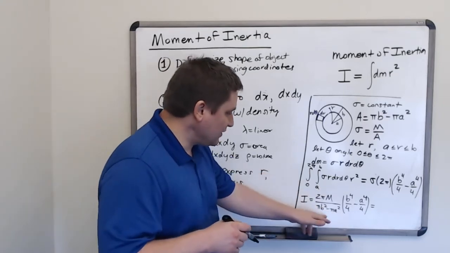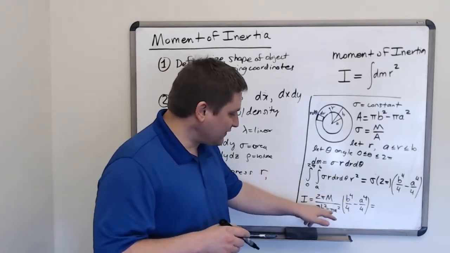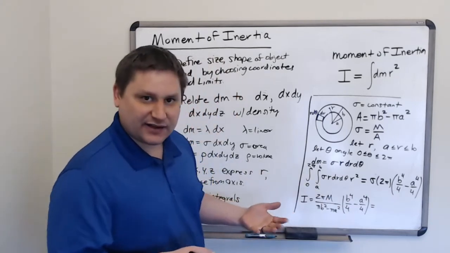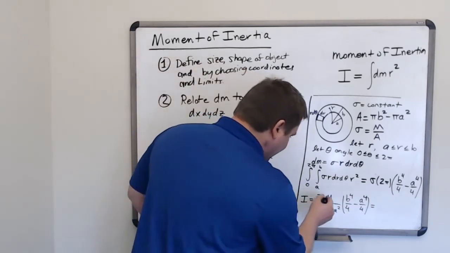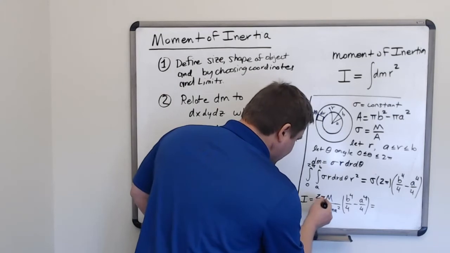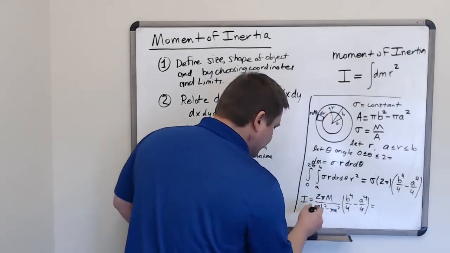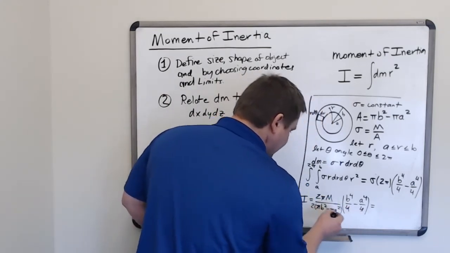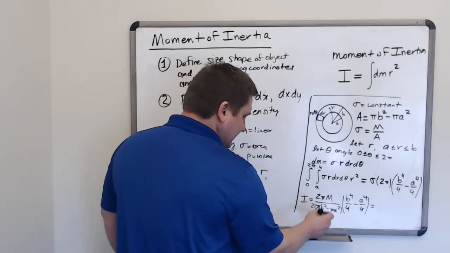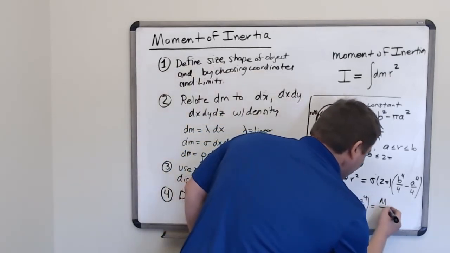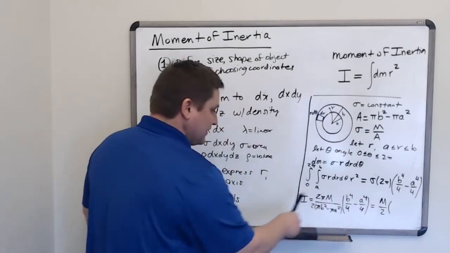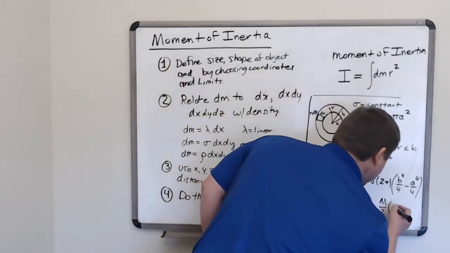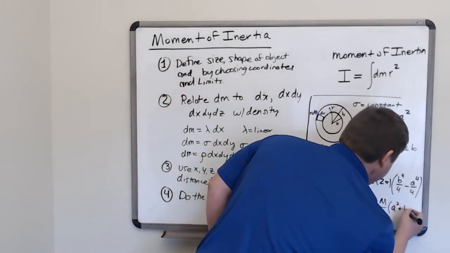So these two numerators and denominators here with the b's and the a's can actually cancel somewhat. So we'll cancel out this pi. We'll cancel out these 2's and 4's to make a 2 on the bottom. And then we'll be able to cancel out the b fourth and the a fourth down to a squared, so it will be a squared plus b squared.